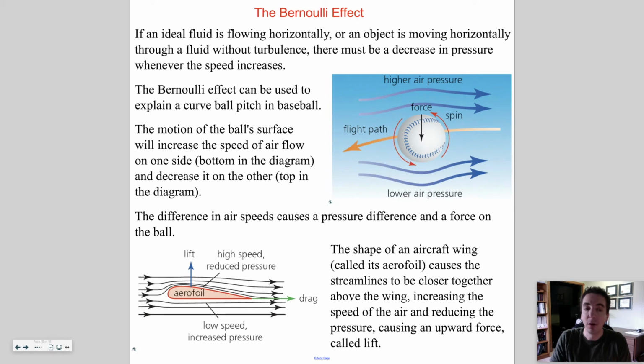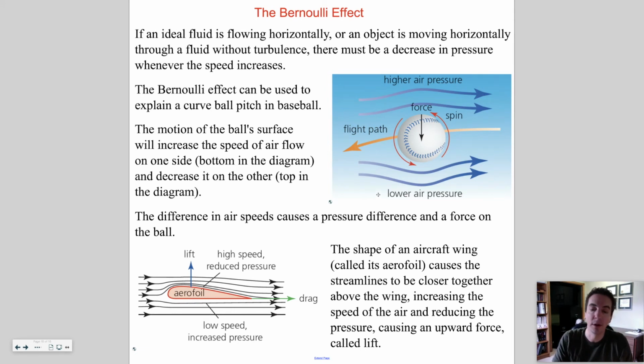The motion of the ball's surface will increase the speed of airflow on one side, the bottom in the diagram, and decrease it on the other side, at the top of the diagram. So it's increased the speed on the bottom and decreased on the top. This causes a pressure difference, and that means the ball is forced down in this case.